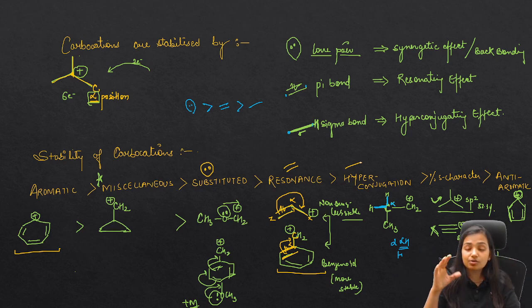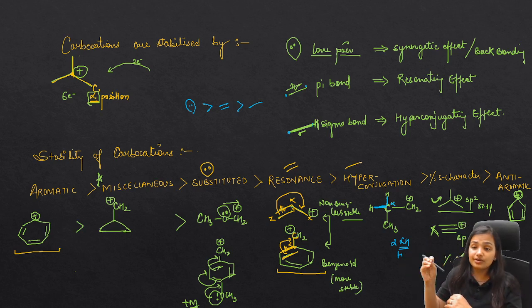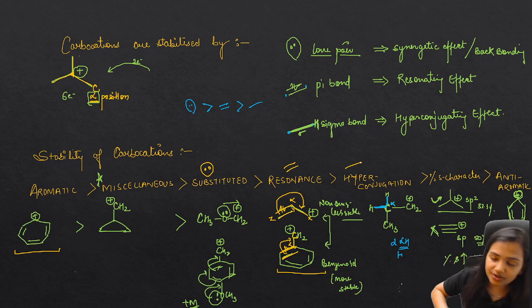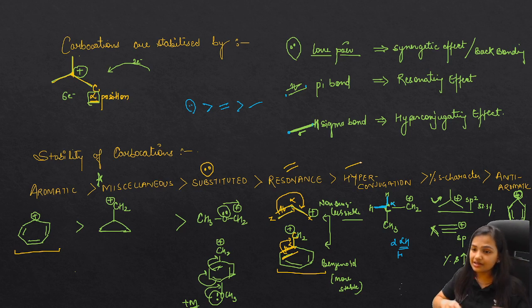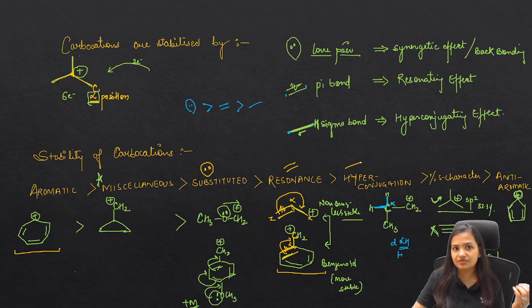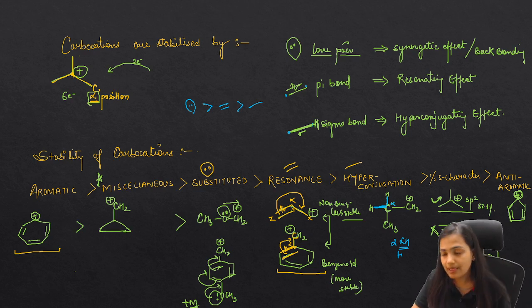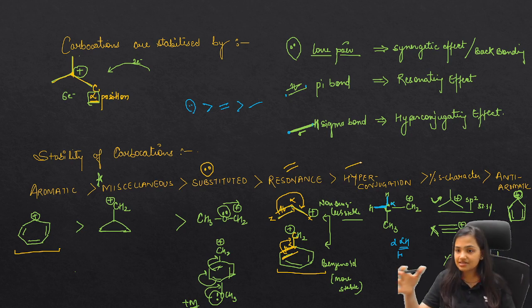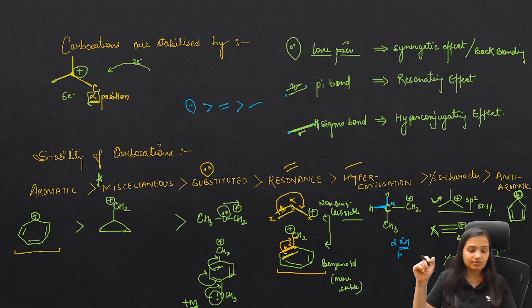The example is cyclopropyl methyl carbocation, which is exceptionally stable because of that ring which has a strain, because of which it breaks itself and gives the electron pair to the carbocation. Here the percentage of p character increases. So p character basically results in the formation of a partial pi bond. So we can say that here we have a partial double bond character. Because of that reason, this is getting stabilized. The ring is getting broken and giving the electron to the carbocation.